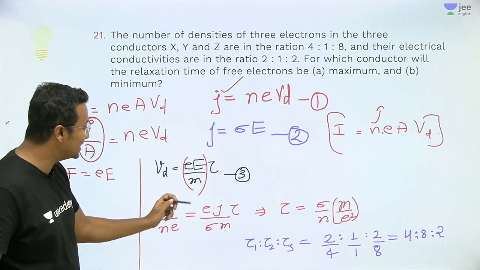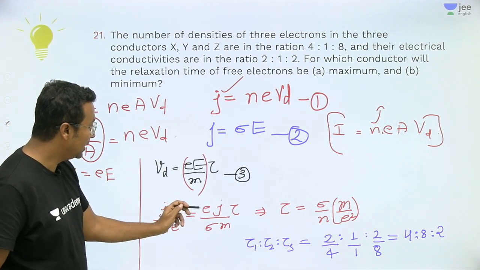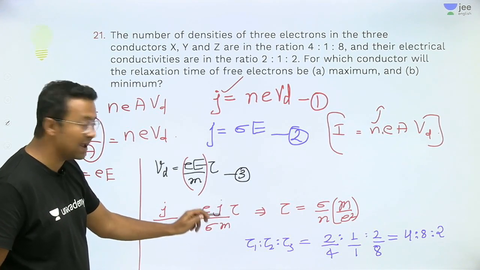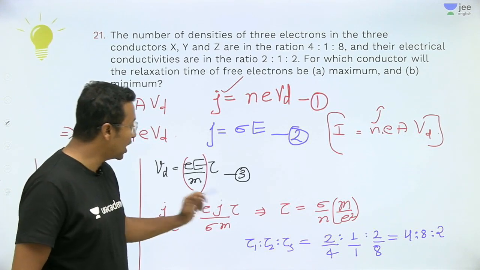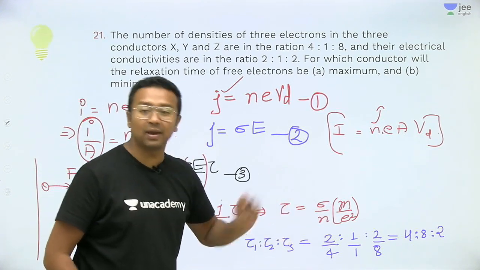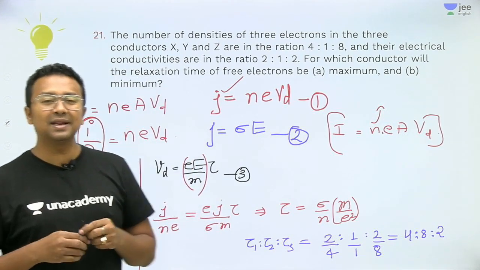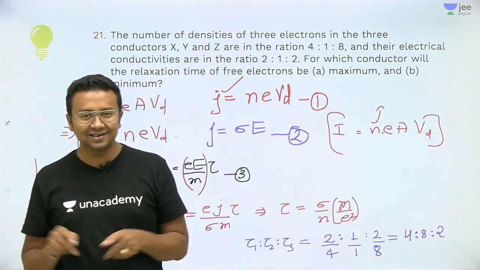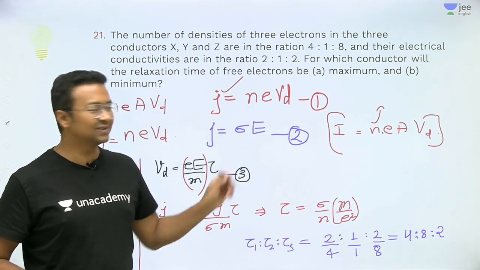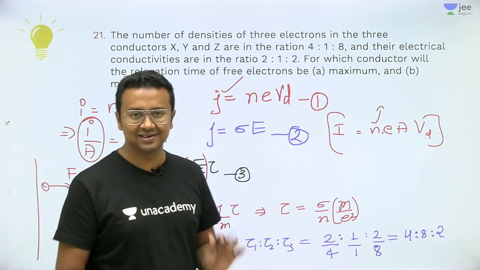Vd, I can write it as eE into J upon sigma times m, alright, into tau. So, tau will become equal to what? Sigma by n, m by e square. So, students, do one thing simple, pause your screen for 2 minutes, take a snapshot of this, go through it, you will clearly understand. It's not a very difficult question, okay.